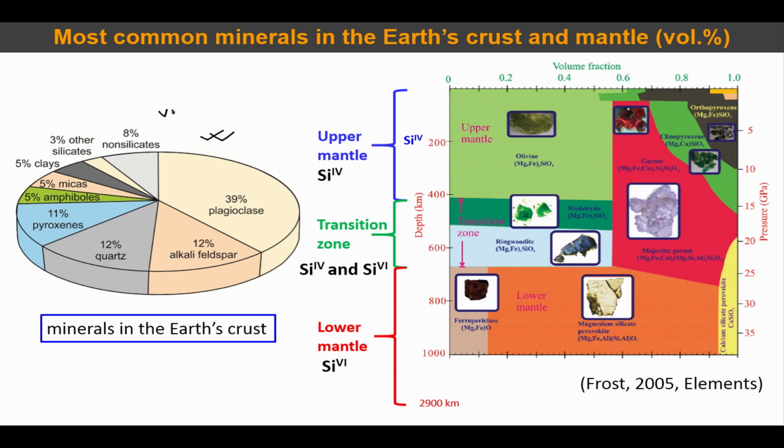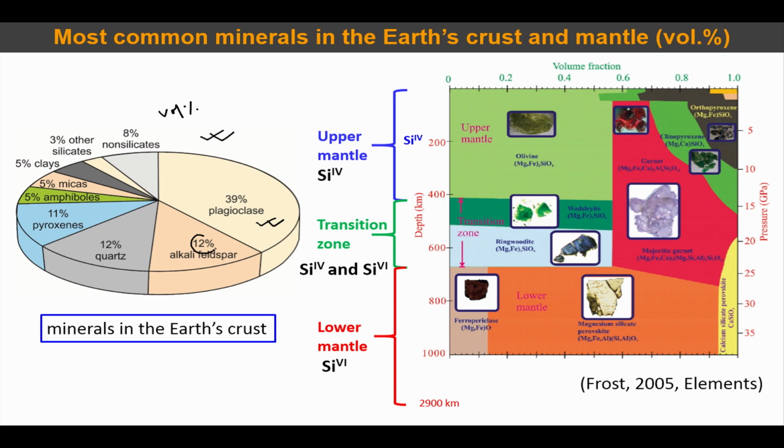In the crust, plagioclase is almost 39% and alkali feldspar is almost 12%.